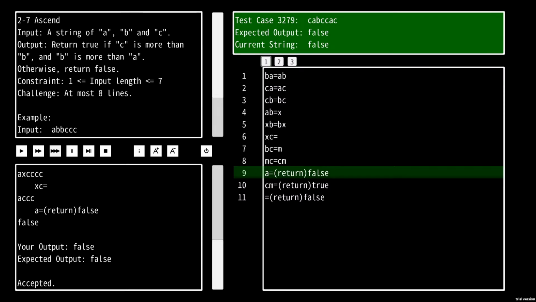At most 8 lines. So that's where it gets interesting. How do I reduce my code down to 8 lines? That's insane.